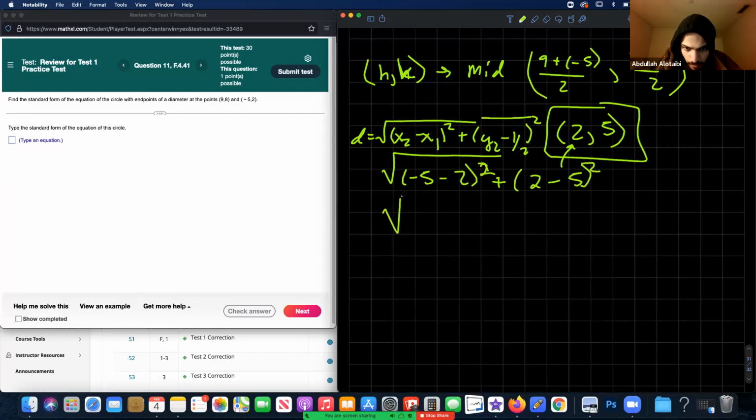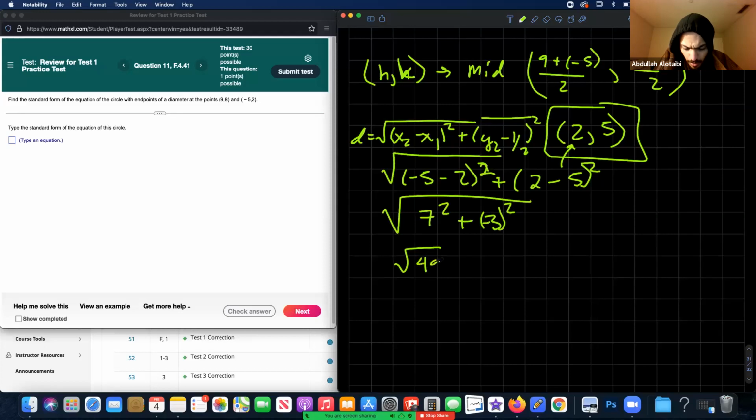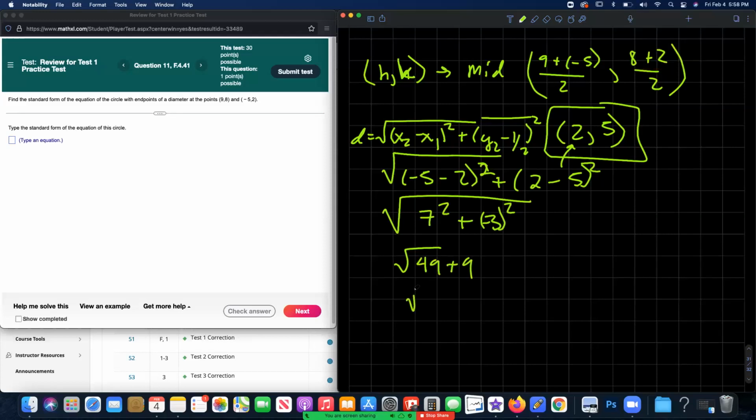And here we get 7 squared plus -3 squared, which is 49 and 9, which is basically 58. You're absolutely right. And so we end up with x minus 2 squared plus y minus 5 squared equals 58, because the square root of 58 squared is itself.